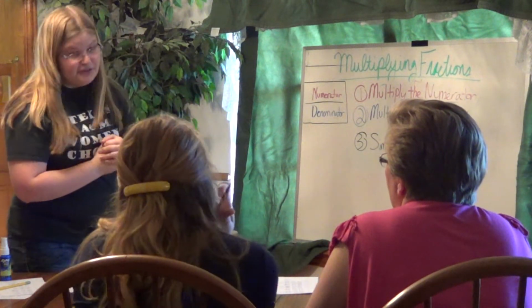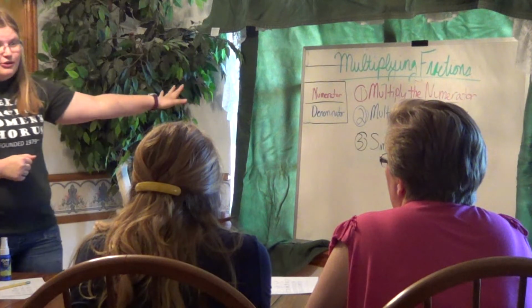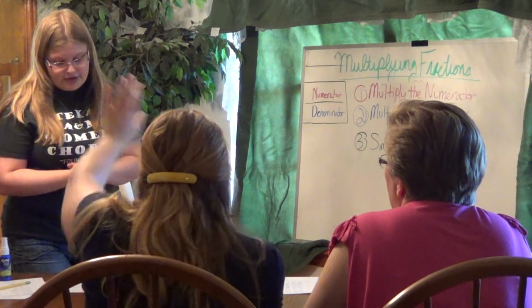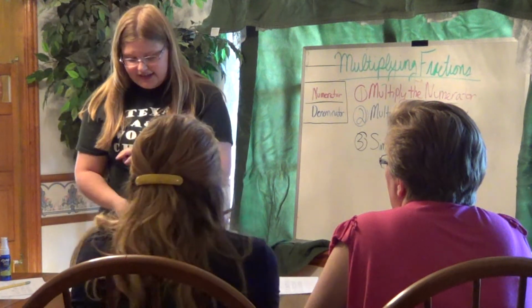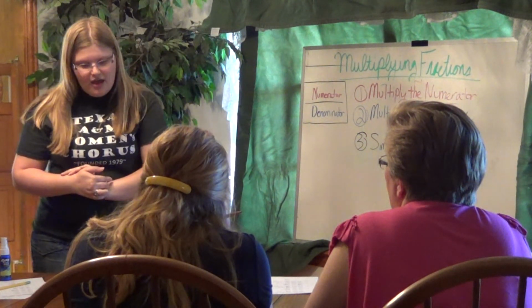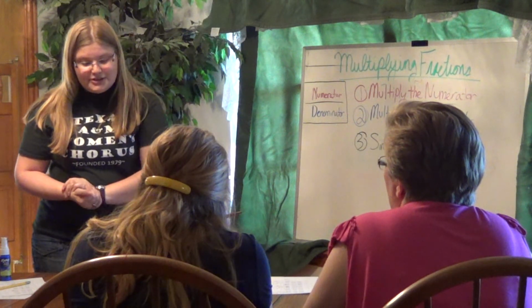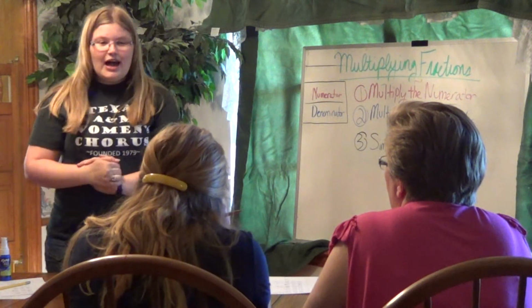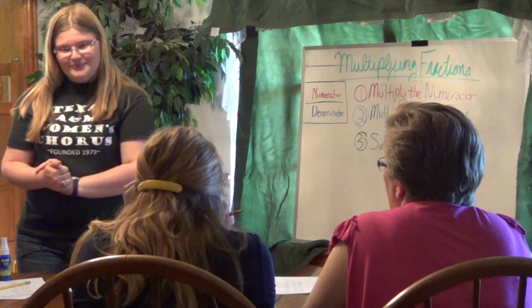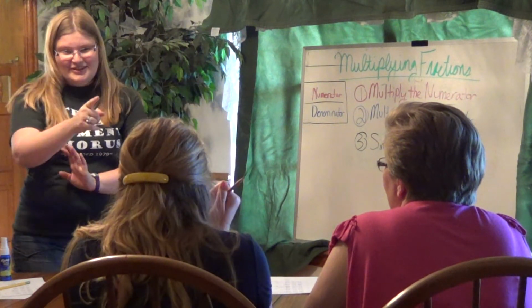So remember that there are 3 steps. Multiply the numerator, multiply the denominator, and then simplify, okay? Using these rules, you will succeed in multiplying fractions. For your homework, I want you to go home and see how often you actually multiply fractions without even thinking about it. Do you have a question, Jessica?